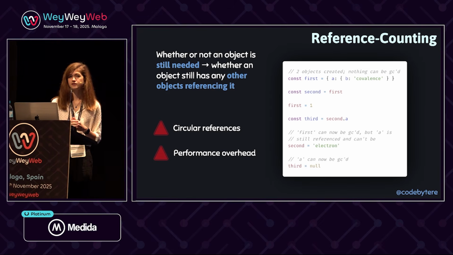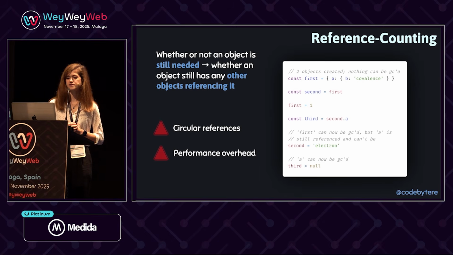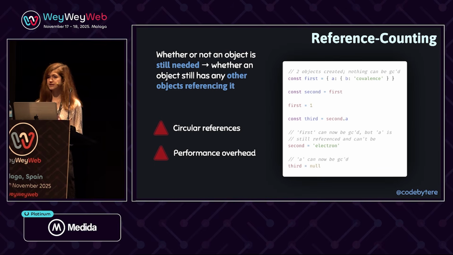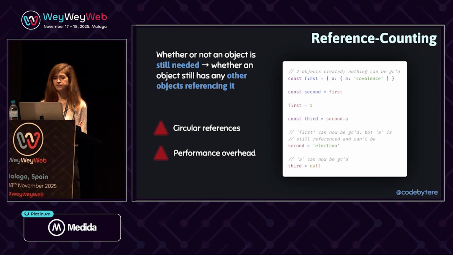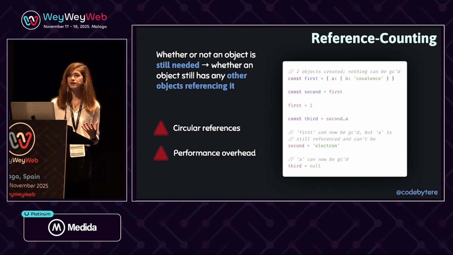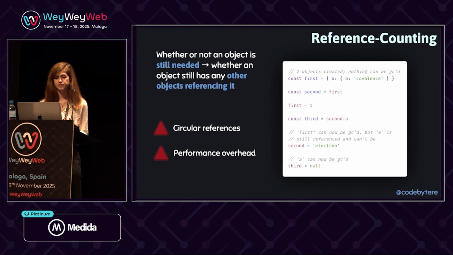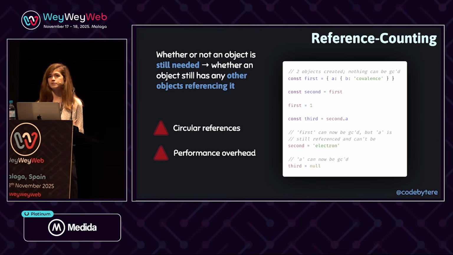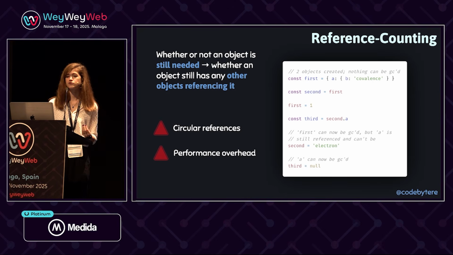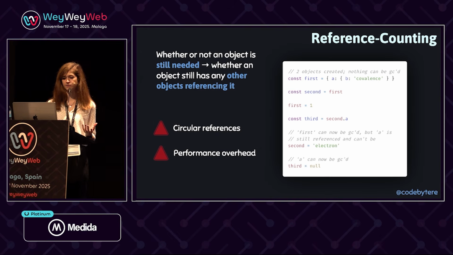But there's a catch here, and the catch is circular references. If two objects point to one another, their reference counts will never hit 0, even when they're no longer needed. This thus creates memory that can never be reclaimed. Reference counting also comes with significant performance overhead, as every reference change requires updating all possible counts.